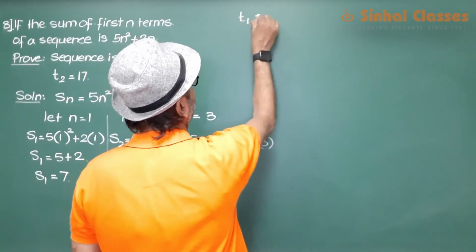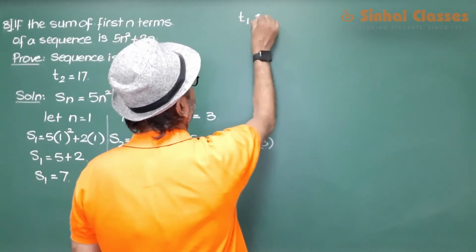So S dash n is 100 upon 2, into 2 into 5, which is a, plus 99 into 5.